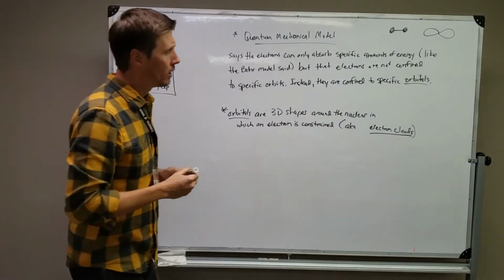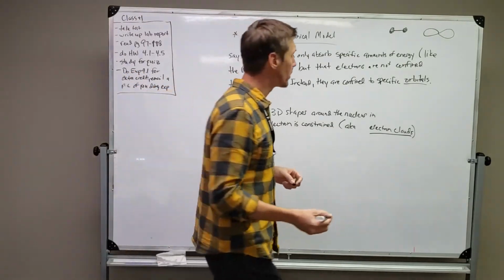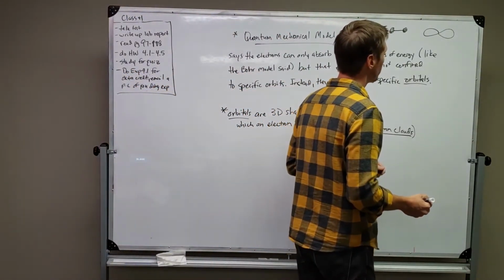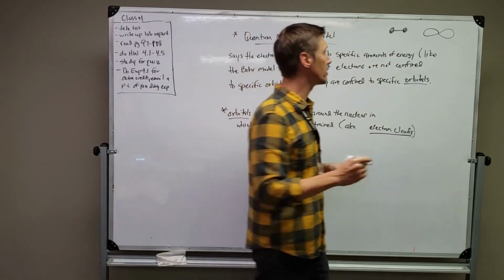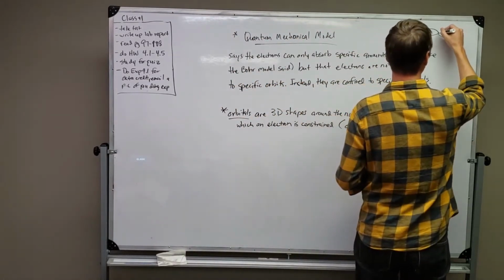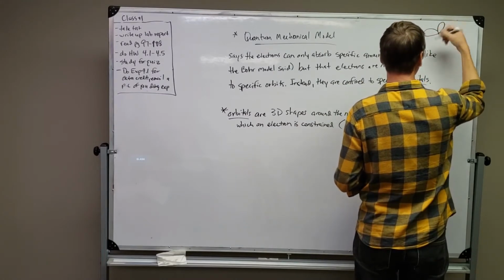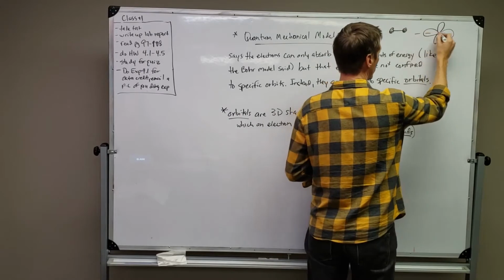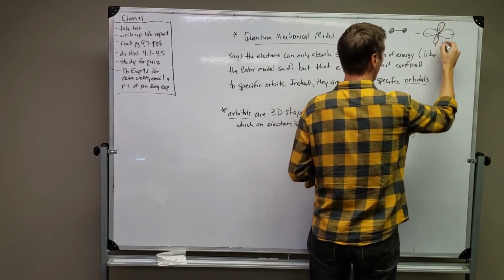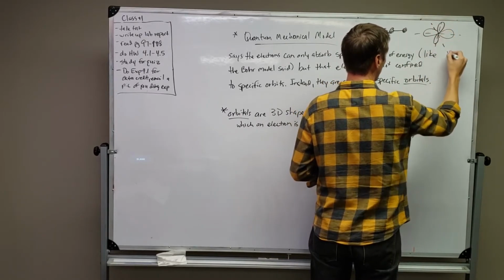As you see in the book there, in the p orbitals there's actually a total of 3 orbitals in this p shape. So you've got one that runs along the x-axis, one that runs along the y-axis, and another one on the z-axis.